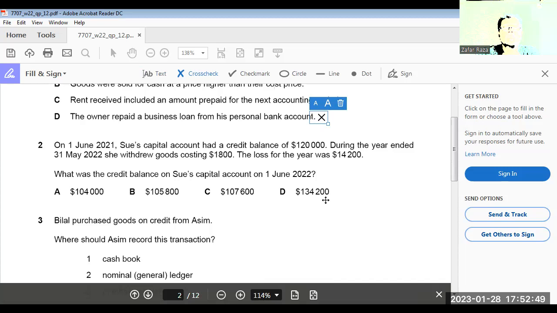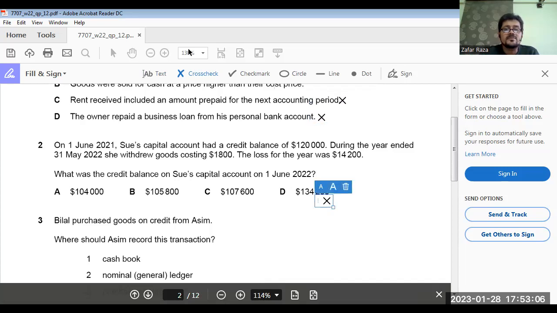We need calculator. 120,000 capital at start, less net loss, less drawings, 104,000. So option A should be the answer. Getting my point clear? 104,000 should be the answer.